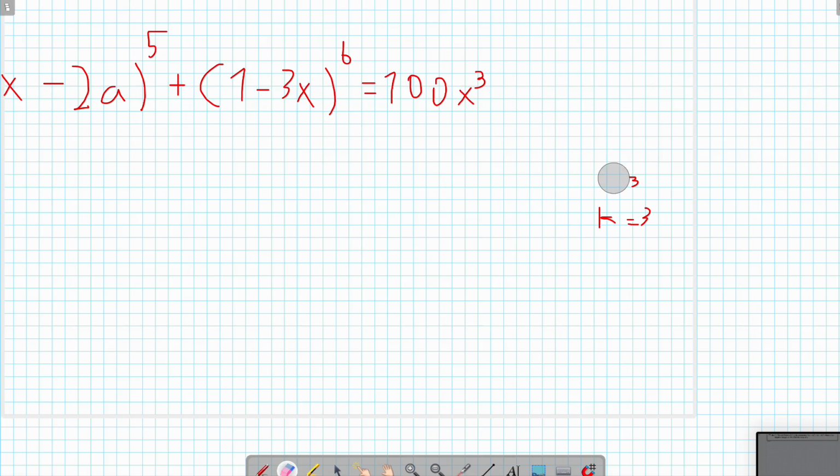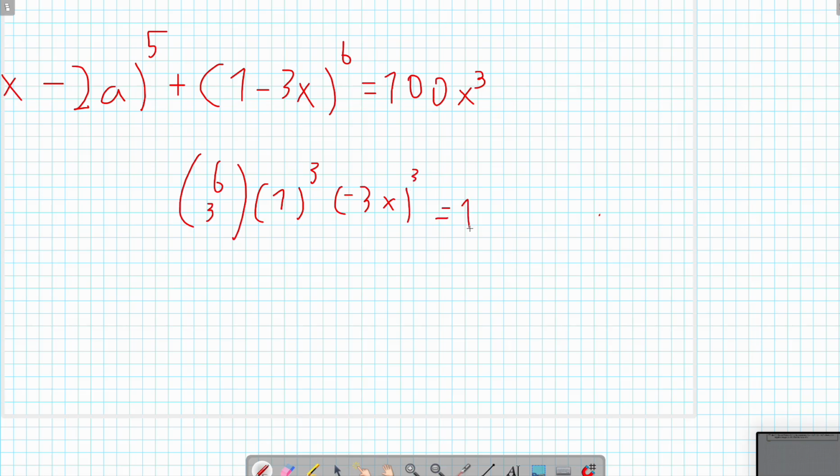So again we're going to do the same thing, 6c3 into 1 cubed times negative 3x cubed is equal to 100x cubed, plus all of that, of course, from here.